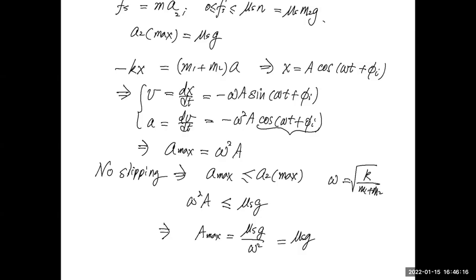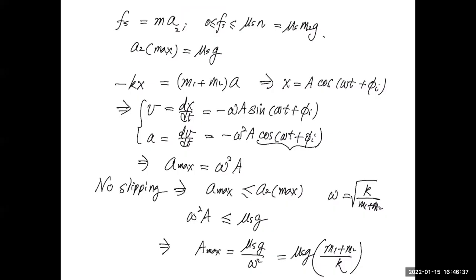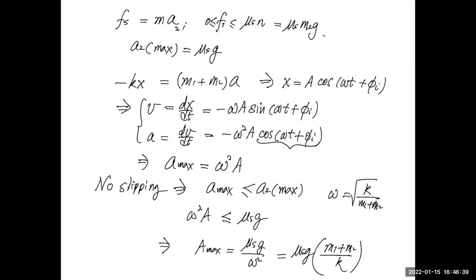So this is μs g over omega squared, which would be μs g times (m1 plus m2) over k. That is the maximum amplitude of oscillation the simple harmonic system can have in order to prevent slipping from happening. Okay, so that's the second discussion problem.